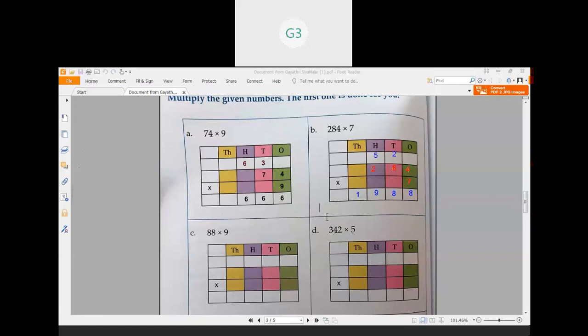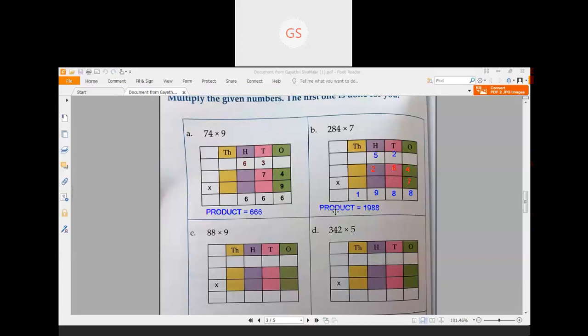Here you should write product is equal to 1988. You need to write like this, children, everybody. Okay? Product is equal to, we can write it in small letters also. 1988.